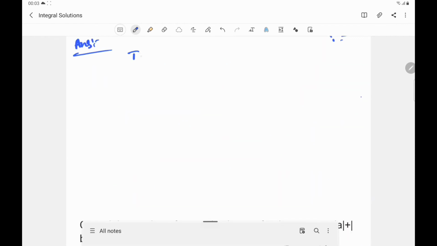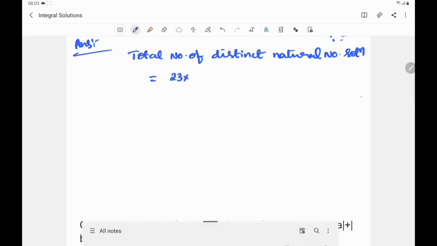So the total number of distinct natural number solutions is 23 into 47 minus 23 into 3. So this will be 23 into 44.